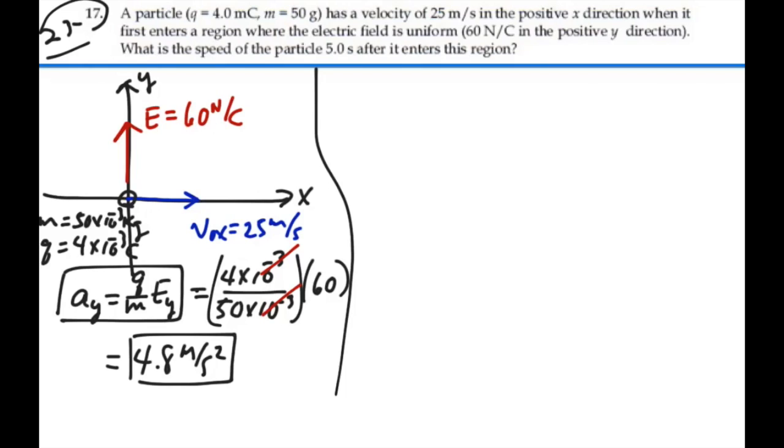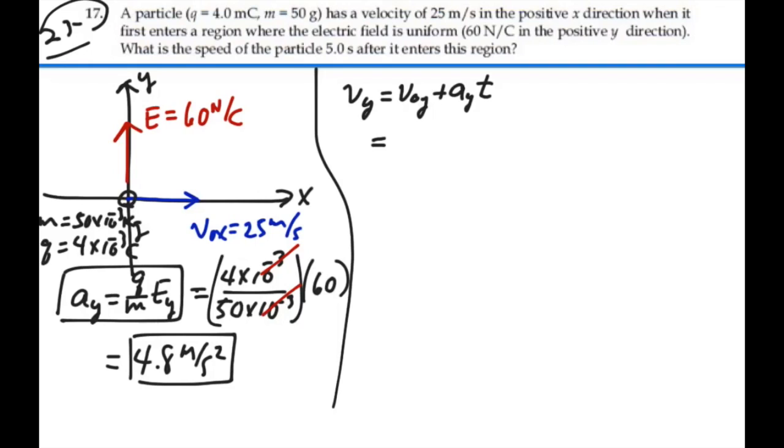So we have a two-dimensional kinematic problem with an acceleration in the y direction of 4.8 meters per second squared. Sounds good. So our final velocity in the y direction will be given by kinematic equation number 1 in the y direction.